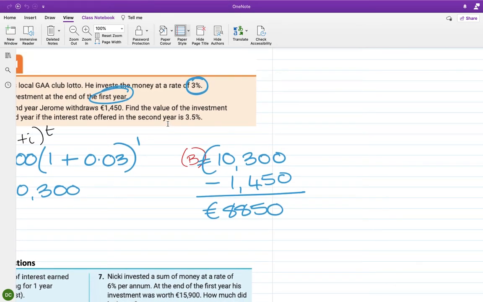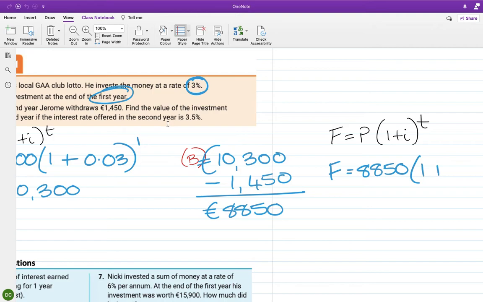Okay, so I can get my formula again. We want to know how much this investment is going to be worth at the end of the year. The principal now is €8,850 because that's all that's left after he took out his 1,450. The 1 is still 1.